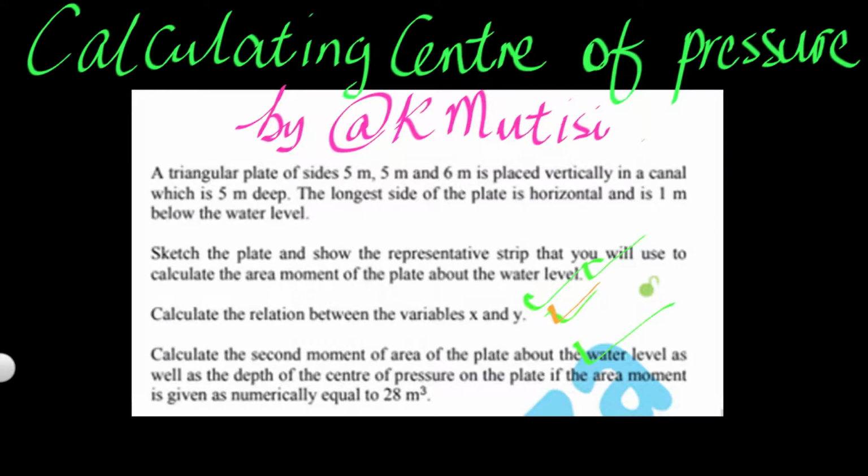The third part wants us to find the second moment of area of the plate about the water level, as well as the depth of the center of pressure on the plate, if the area moment is given as numerically equal to 28 cubic meters. All right, so now let me have another board where I'm going to write this.